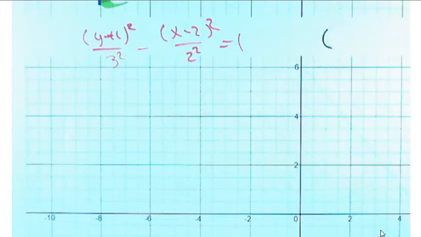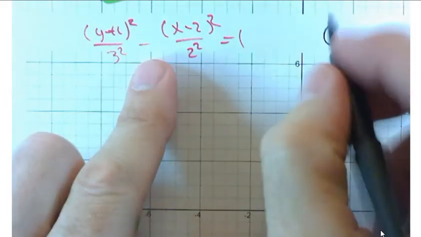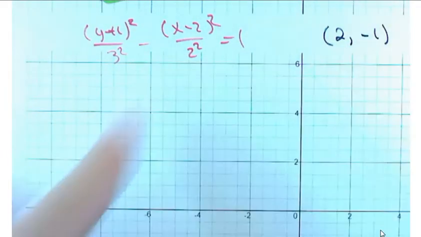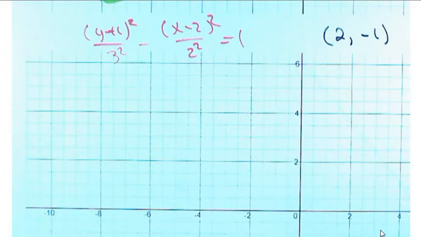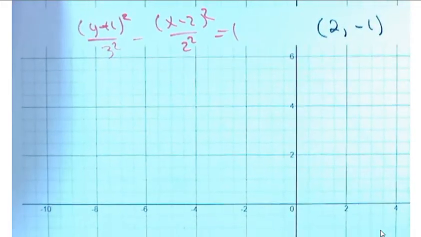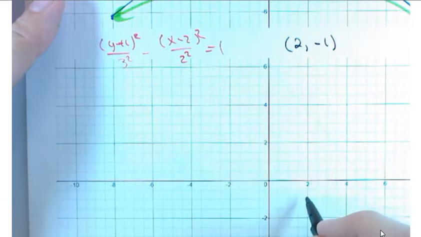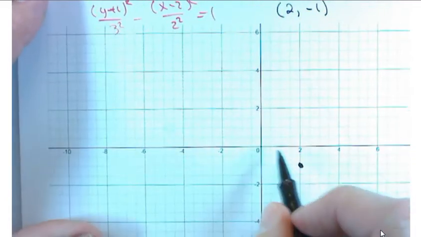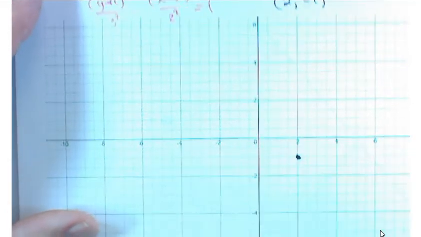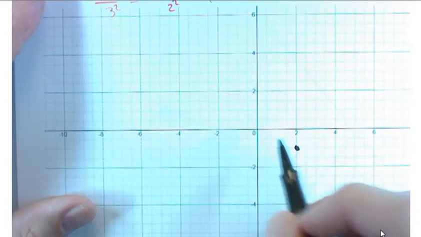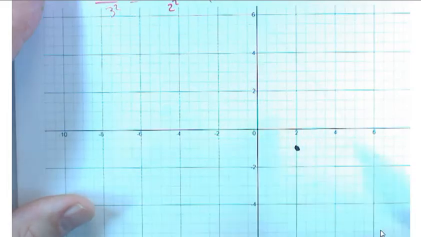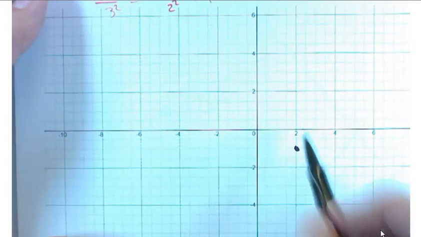What would the center be, Lauren? 2. Good. 2, negative 1. Two for x, negative 1 for y. Keep an eye on the scale here. So across the x-axis, that's units of 2. Every 4 little blocks is really a unit of 2, or 2 little blocks is a unit of 1.